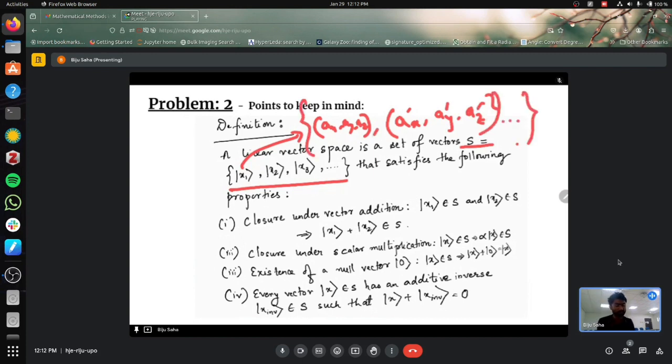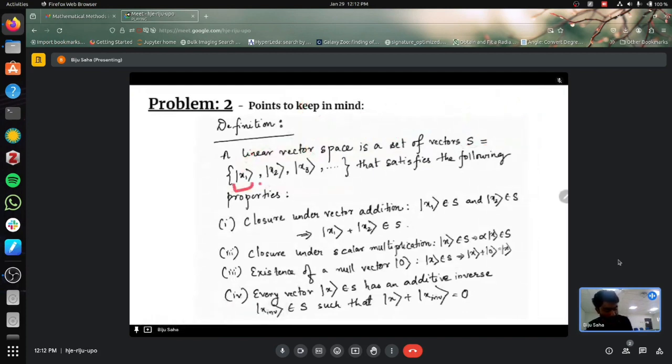In our case, these are the members of the set. In any general approach, let's say this is the set in the vector space. We have to prove the following conditions. A set has to obey these 4 conditions in order to form a vector space. So what are these 4 conditions?